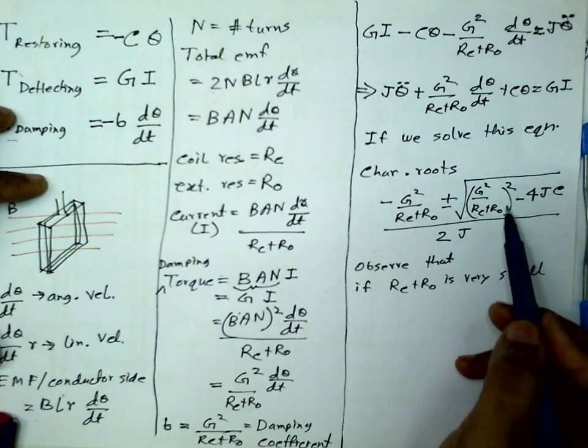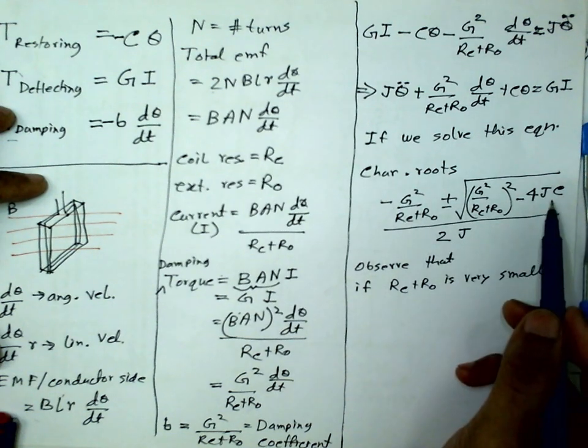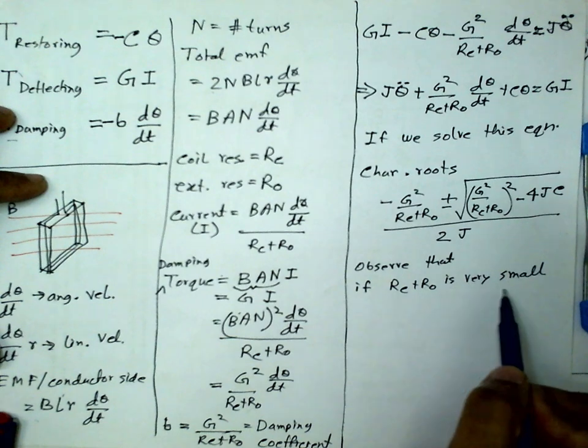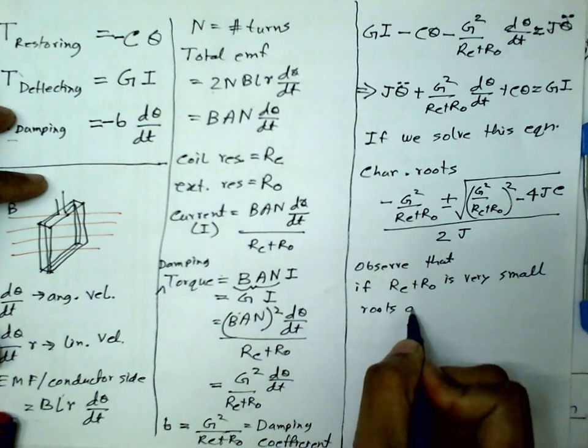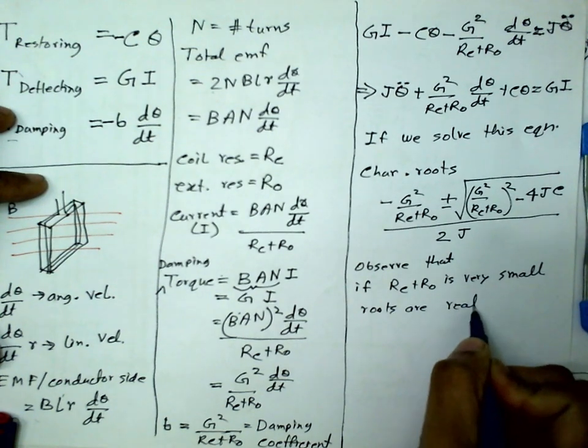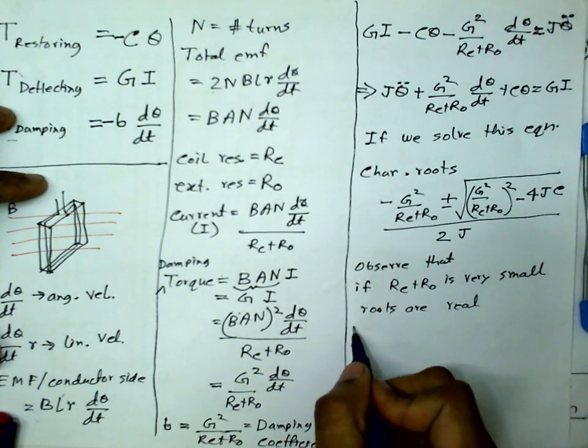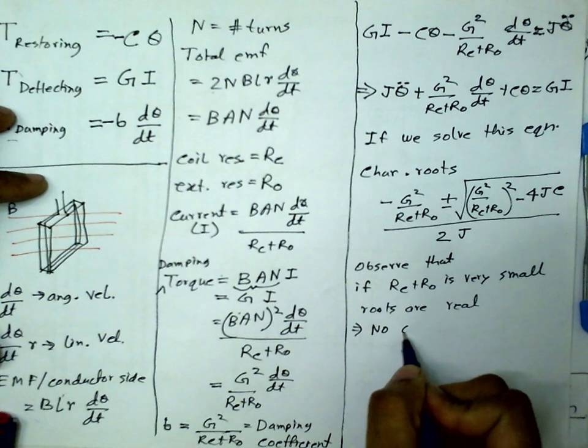If that remains positive, then the characteristic roots are real, not imaginary. Okay, if this is small, then characteristic roots are real, which means implying no oscillation.